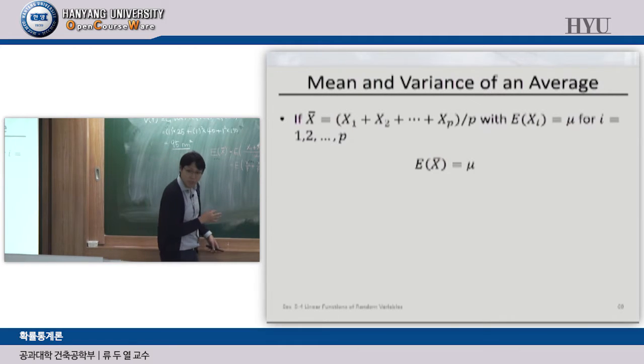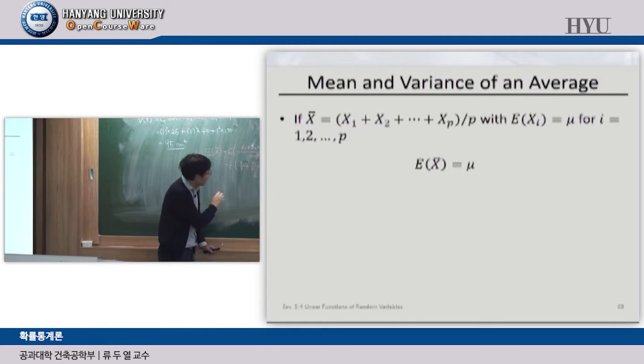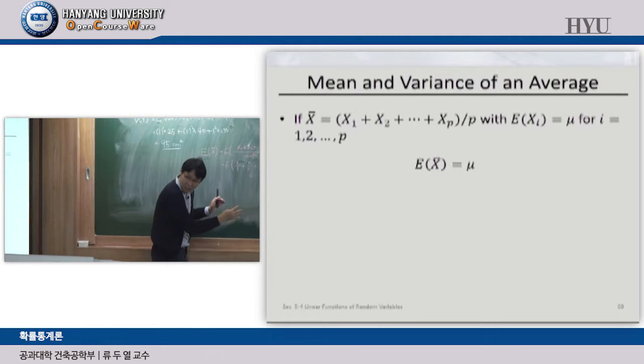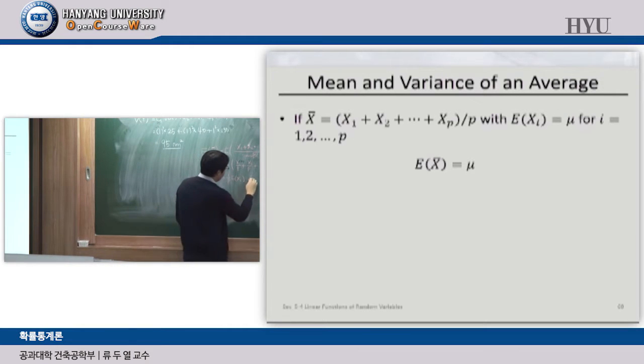And based on the previous definition, the coefficient can be extracted, okay? And the summation can be divided, okay? So this is equal to 1 over p times E(x1) plus 1 over p times E(x2), okay?